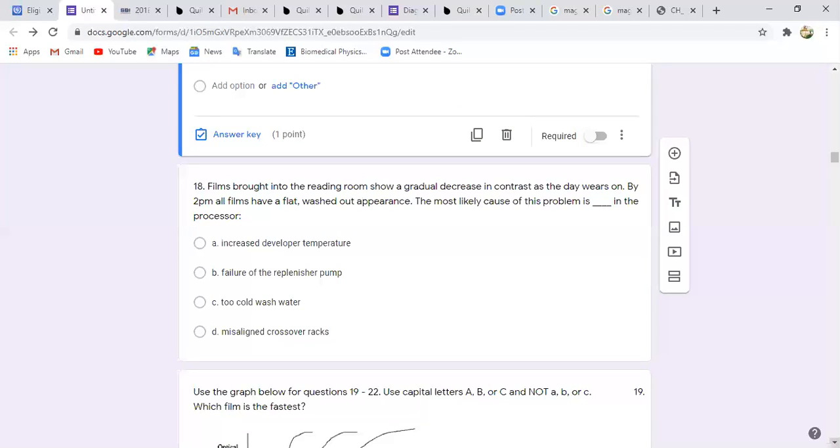And again, the fixing stage is actually meant to remove the developing solution, and even before the fixing stage you must have washed off so many of those developer chemicals. So it is mainly because of failure of the replenisher pump. If it fails to supply the chemicals at the right rate, they wouldn't be well fixed on the film.